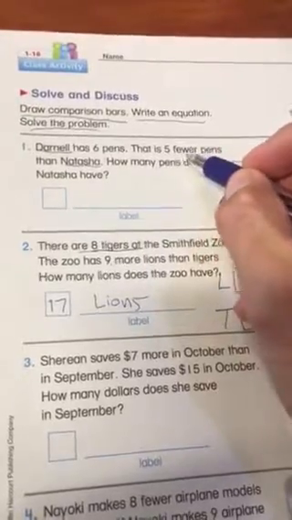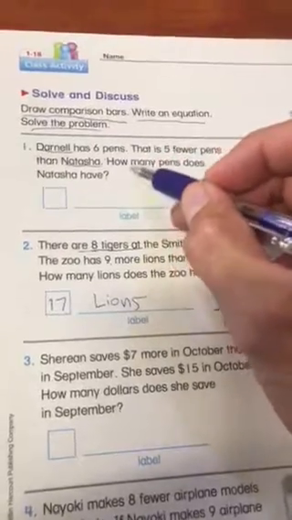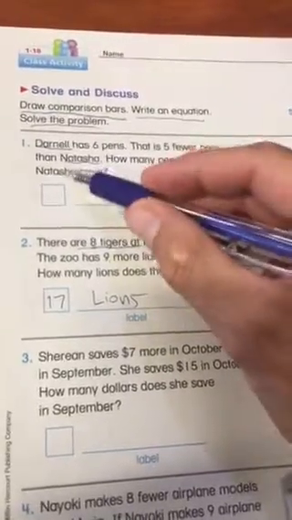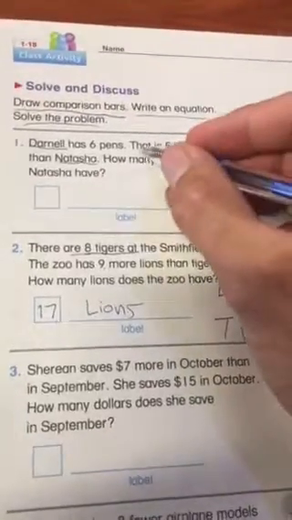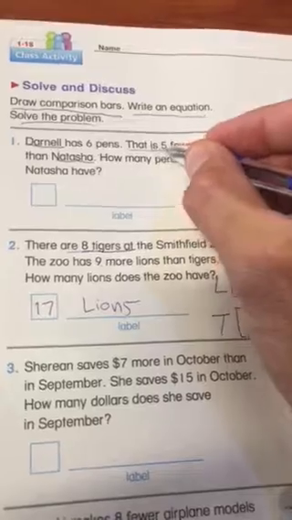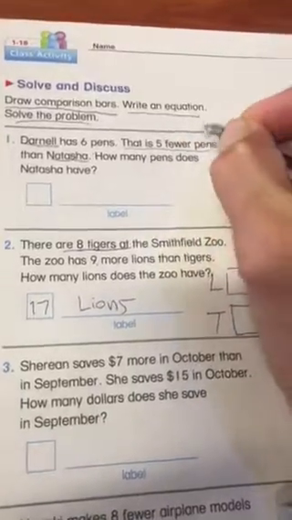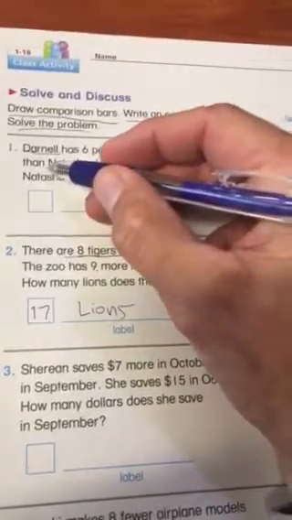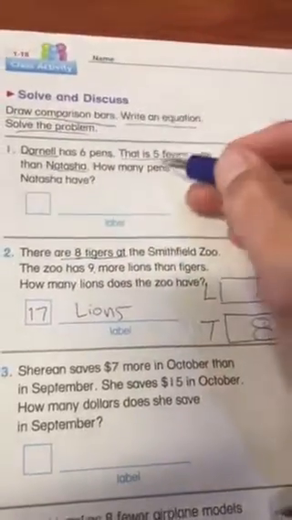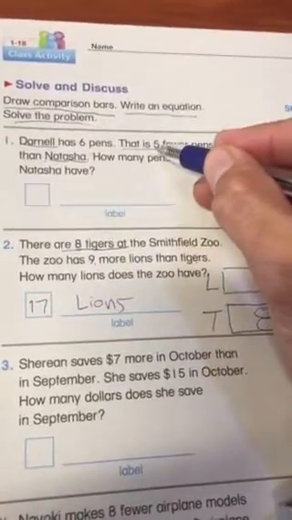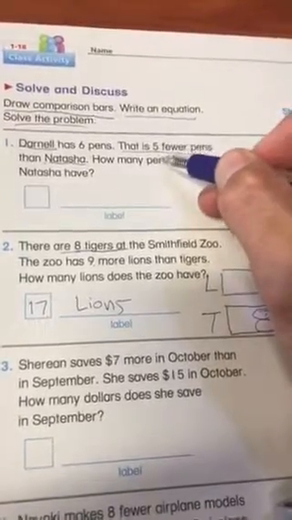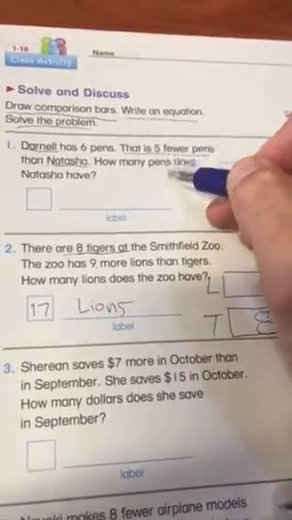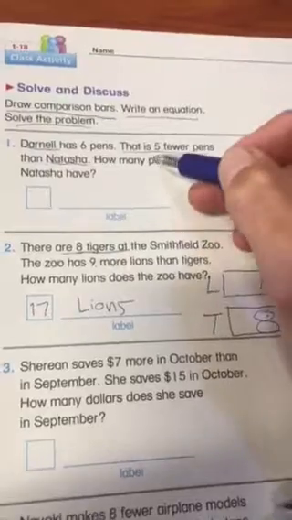That is 5 fewer pens than Natasha. How many pens does Natasha have? And I'll try to find the sentence that's talking about what the difference is. And usually, if I take out this number, it's a little easier for me to tell who has the more or who has fewer pens in this case.